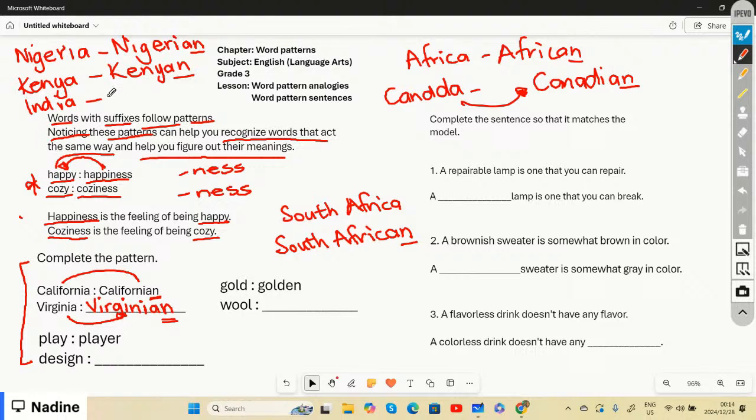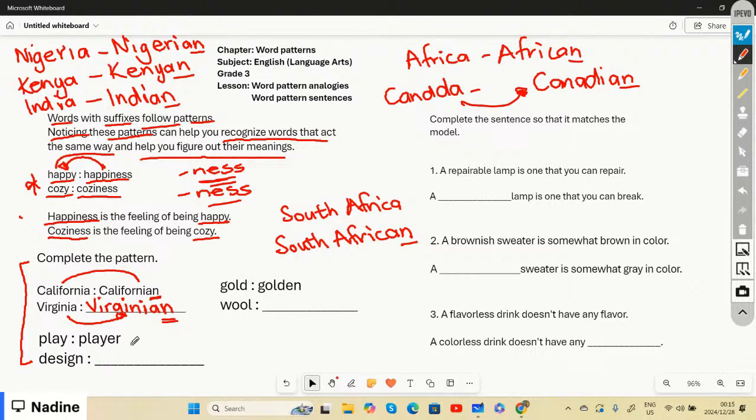Yes, well done. So if you're from India, you are Indian. Well done. So do you get the idea of the word pattern that we follow? Because words with suffixes follow patterns. And as you can see, the suffix that we just added was in. And by happy and by cozy, the suffix that we followed was ness. That was the suffix that we followed.